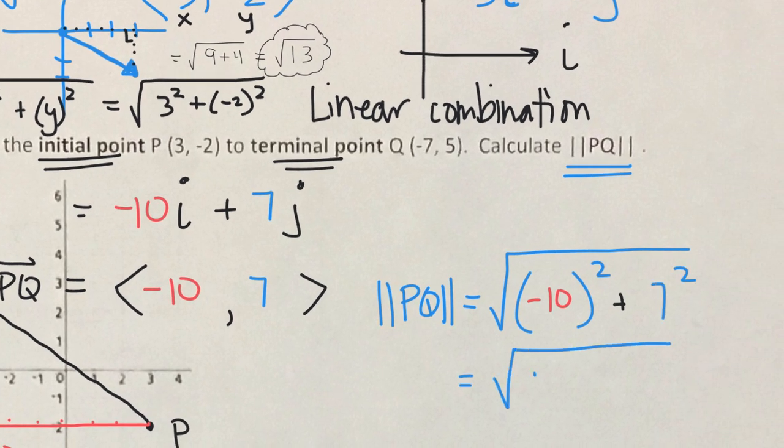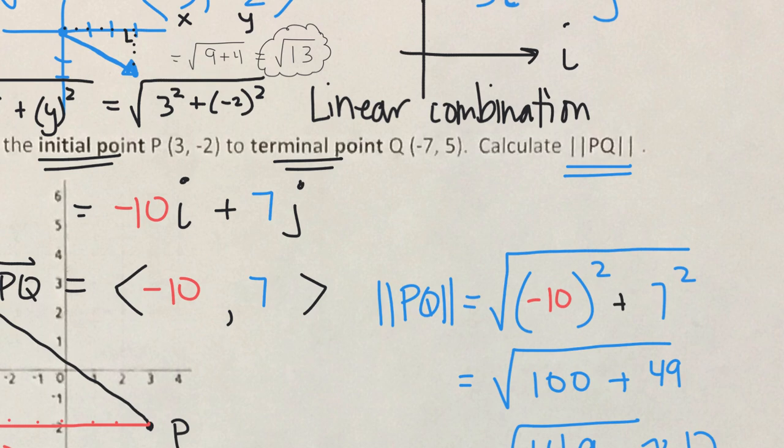So this is just a matter of adding 100 to 49 and getting the square root of 149, which in your calculator is a little bit bigger than 12 point something. But the square root of 149 is perfectly fine to use as your answer, unless your teacher wants a decimal, and then make it a decimal.